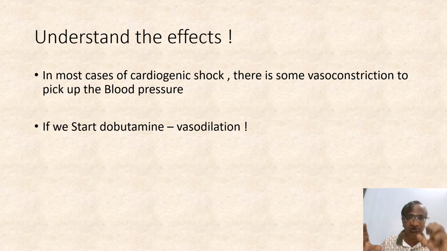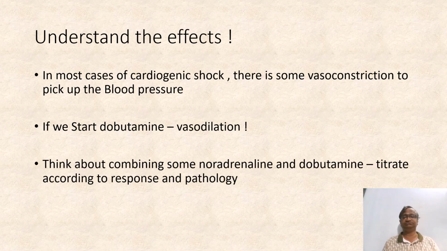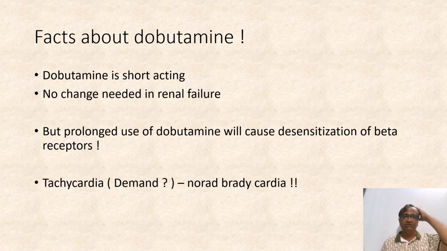So sometimes we may need to add some NORAD to dobutamine so that there is not much vasodilatation. Dobutamine starts acting; no change needed in renal failure. Prolonged use will desensitize beta receptors. So tachycardia may be there, but noradrenaline will cause bradycardia. That is the advantage of combining dobutamine with a minimal dose of NORAD.